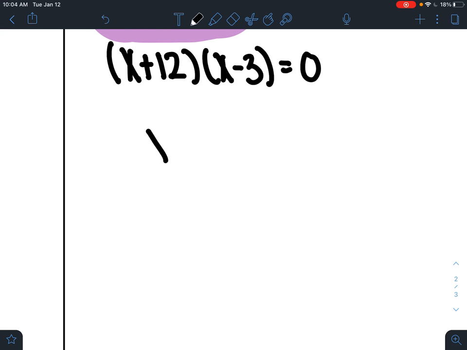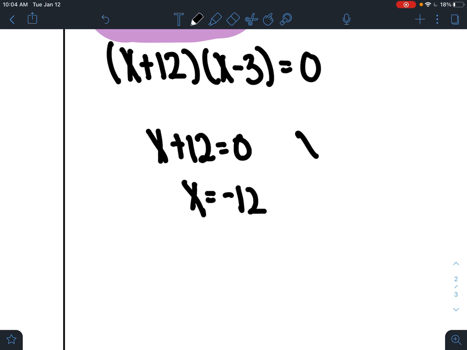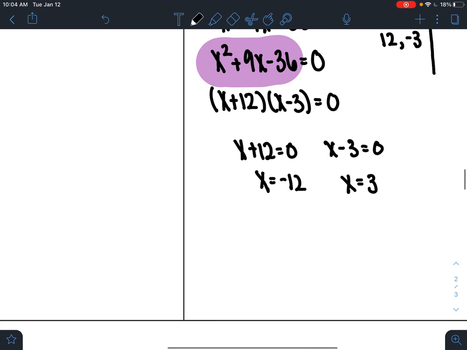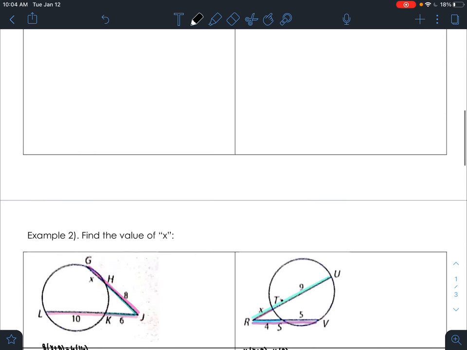Taking those individually and setting them equal to 0, I have x plus 12 equals 0, which means that x is equal to negative 12, and x minus 3 equal to 0, which means that x is equal to positive 3. Since we're talking about lengths, the negative 12 doesn't work, so your final answer is x is equal to positive 3.